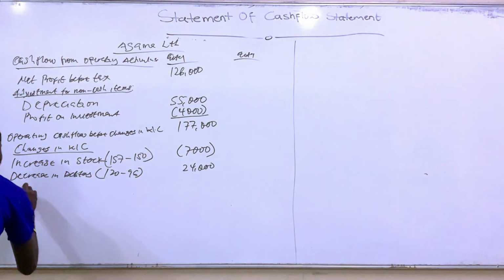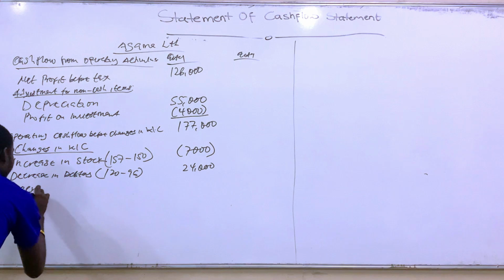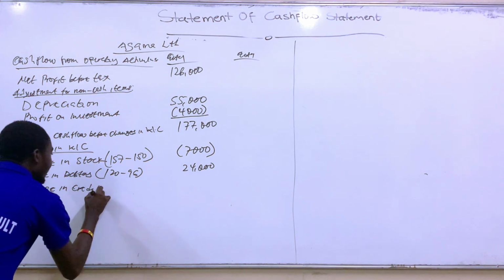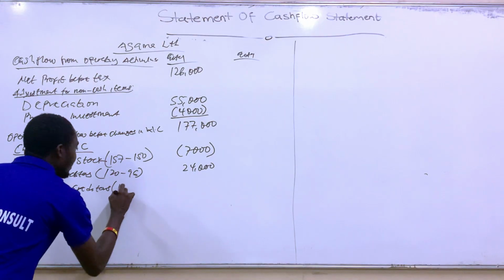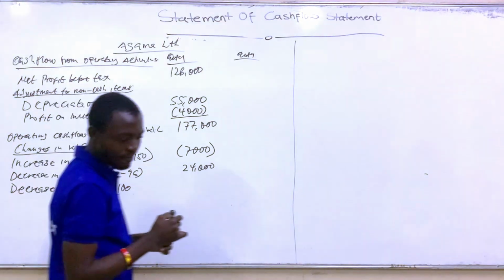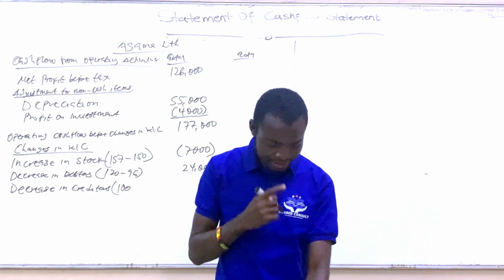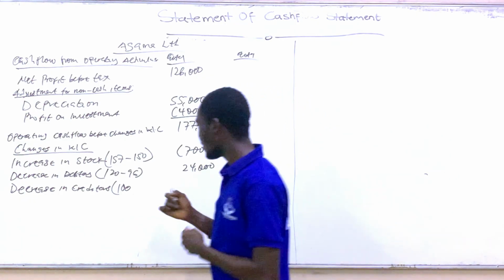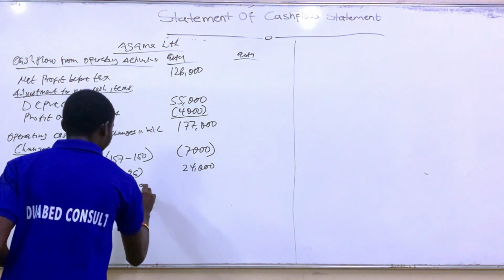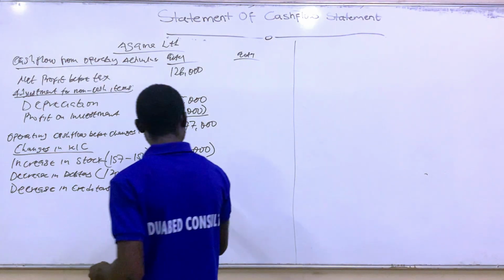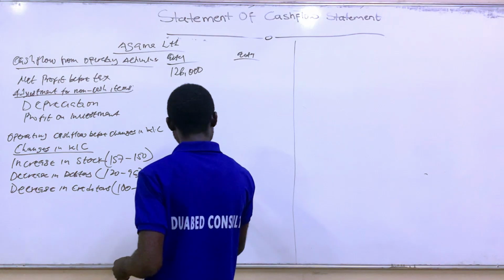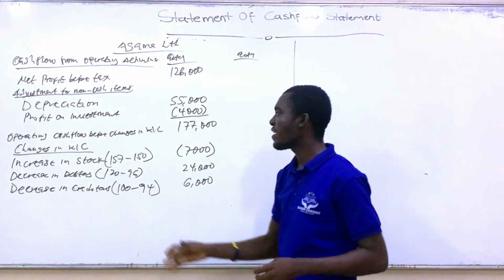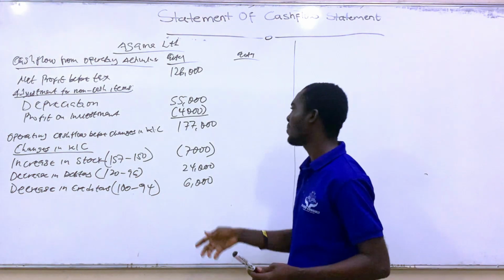So, decrease in creditors. That's 100,000 and then 94,000. The difference will be 12,000. So we are done analyzing the changes in working capital.